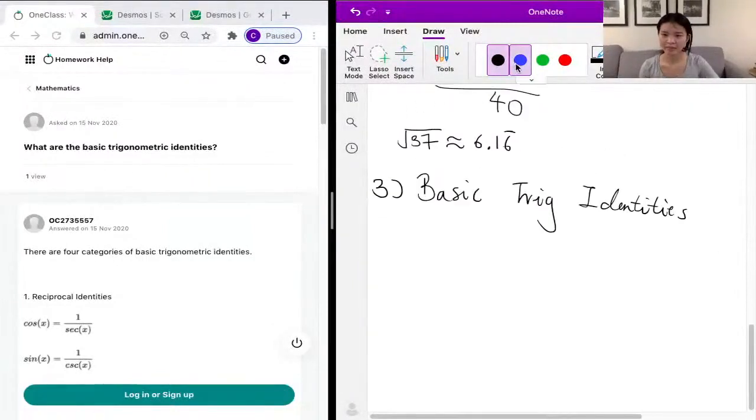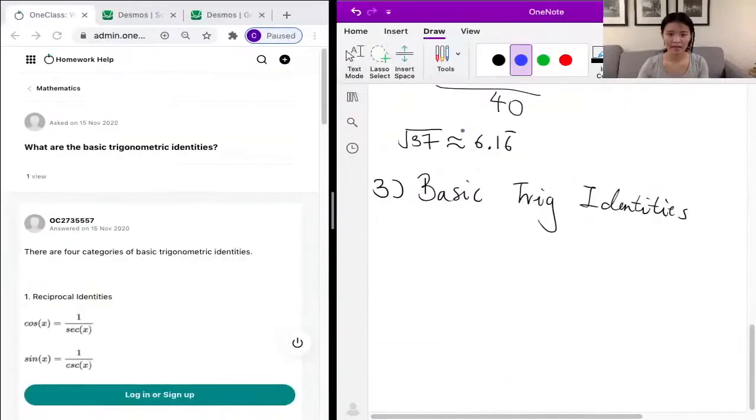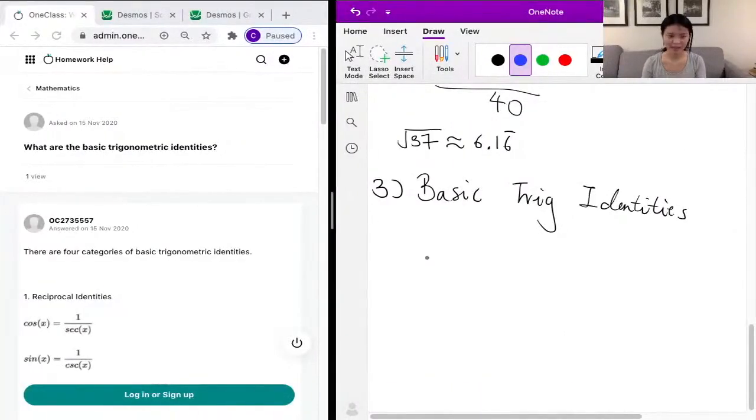There are a lot of trig identities, but "basic trig identities" is kind of an odd question, because which ones are basic depends on your school level, whether you're in high school or middle school, and also on your schooling system, which province, state, or country you're in.